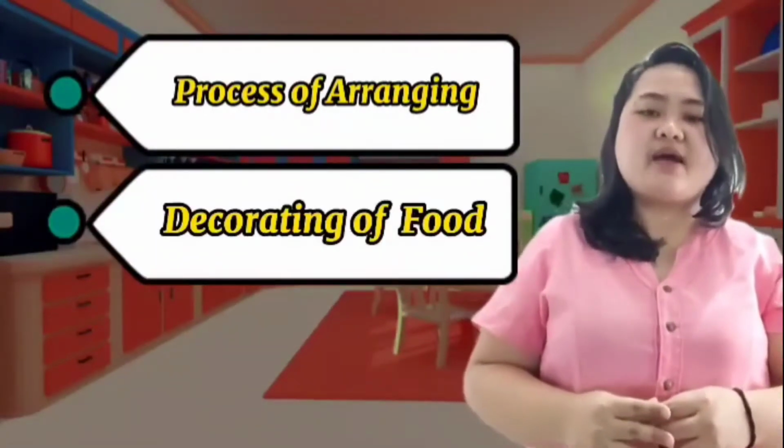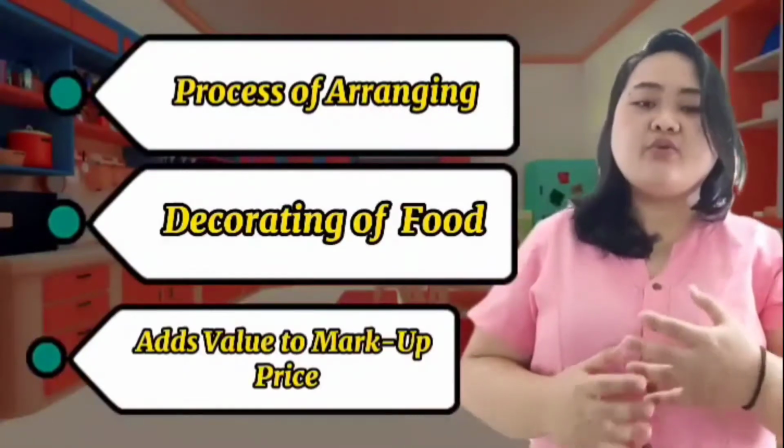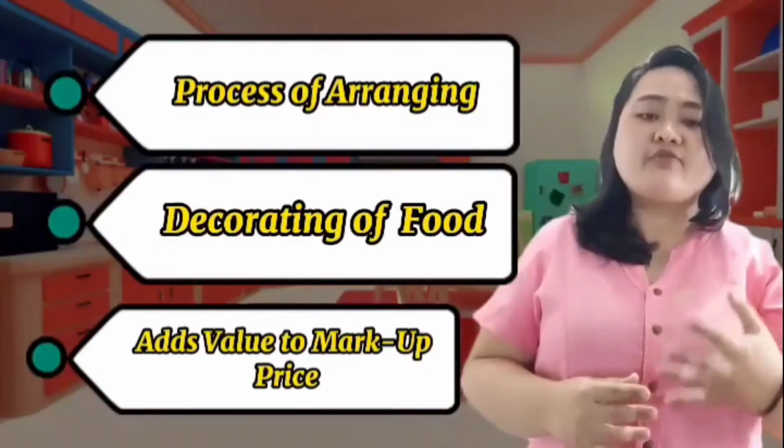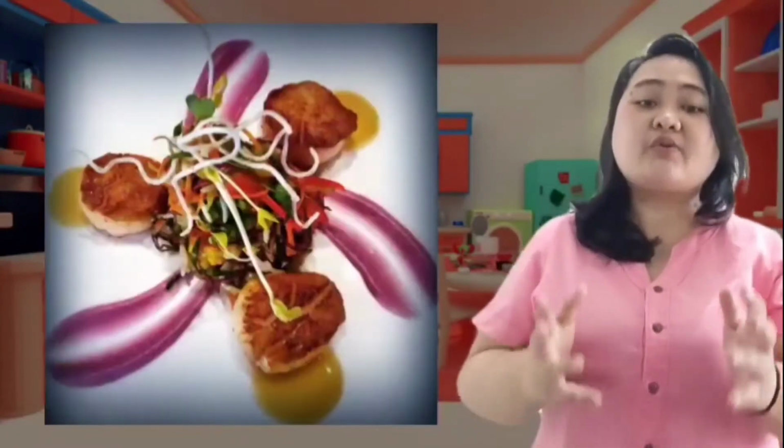Aside from that, it adds value to the markup price of the food that you're serving. We all know that food plating is a good start for everyone, especially those who have their restaurants.